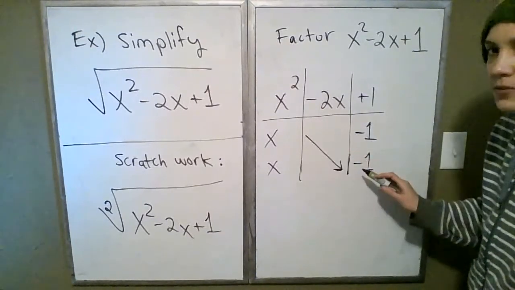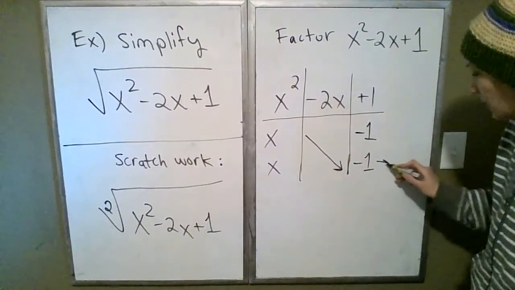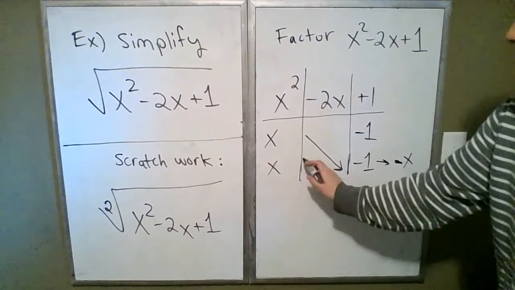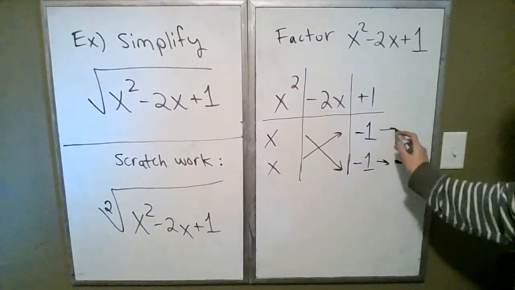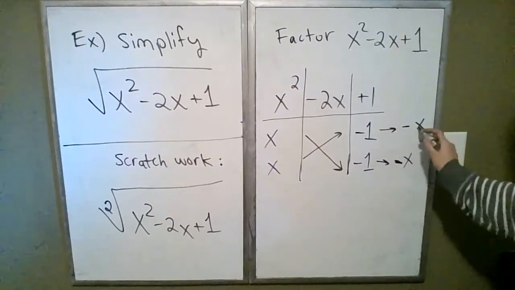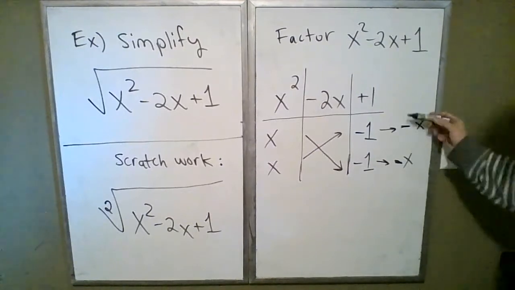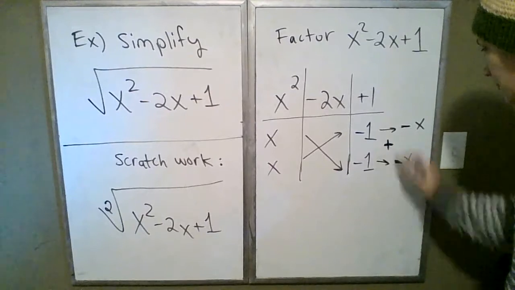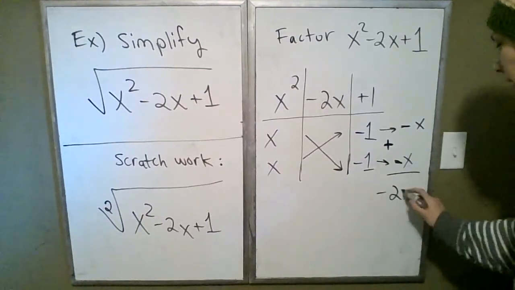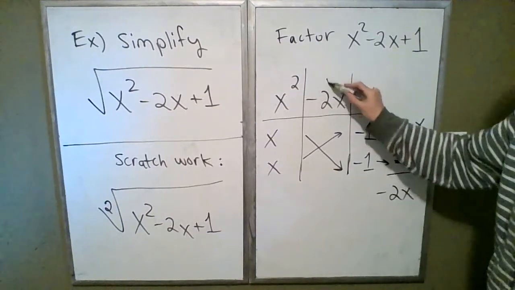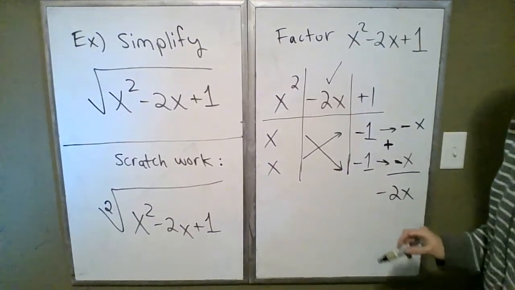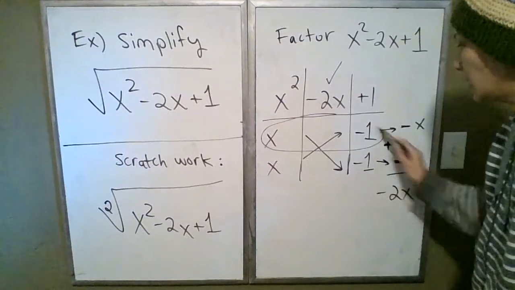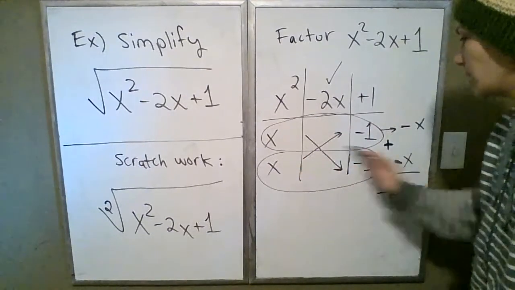Cross x times -1 is -x. This way, it's another -x. You add the sides together, it's -2x, which is the middle term. So this factors into x minus 1 times x minus 1.